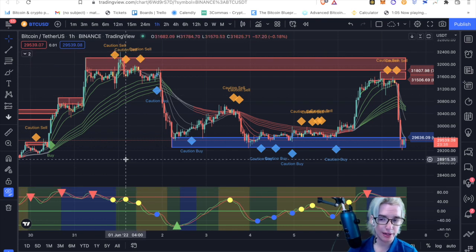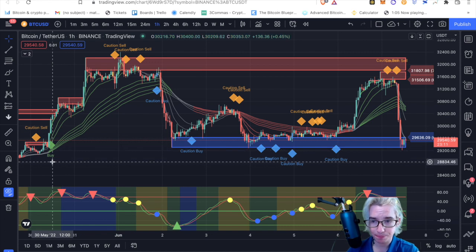So let's go ahead and see how I would personally trade this chart right here in front of me. First of all, I would like to buy close to areas of support and sell close to areas of resistance with a confirmation by Market Spotter 1 or 2, or even better, both at around the same time.